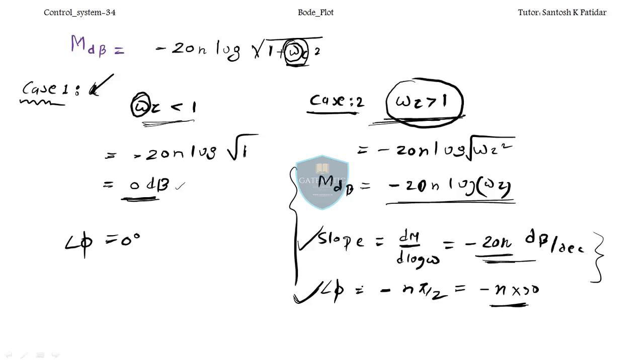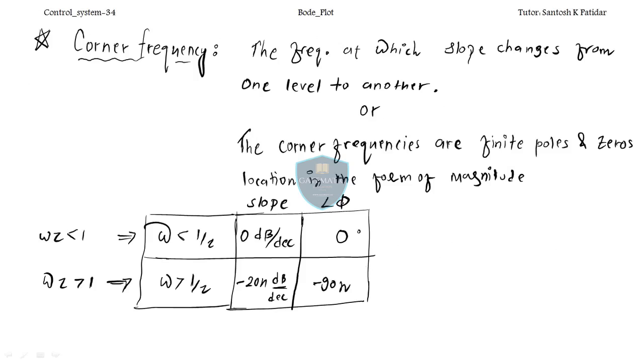Okay, if it's not clear, no problem. Next, the corner frequencies are finite poles and zeros locations in the form of magnitude. Still not clear? No problem. Let's come to this. Omega tau, these two cases we have seen. You remember, omega tau is less than 1 and omega tau is greater than 1.